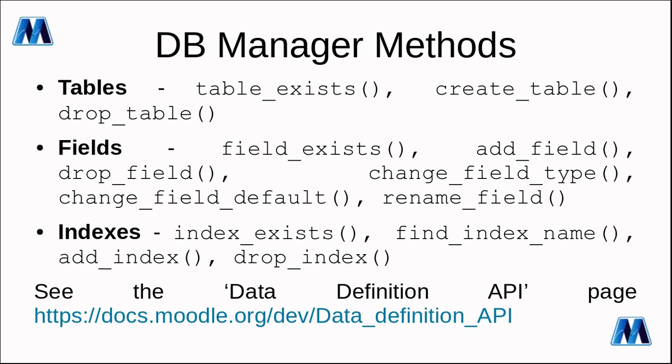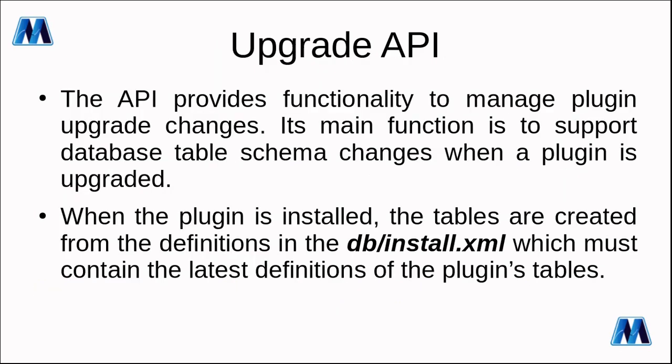Okay, so since your install XML file has the latest definitions of your database tables, what happens if somebody is upgrading? If they're upgrading and you have made changes to your schema, then you need to manage how to get that person's database to reflect the latest version of the database that you need, as specified in your install XML file.